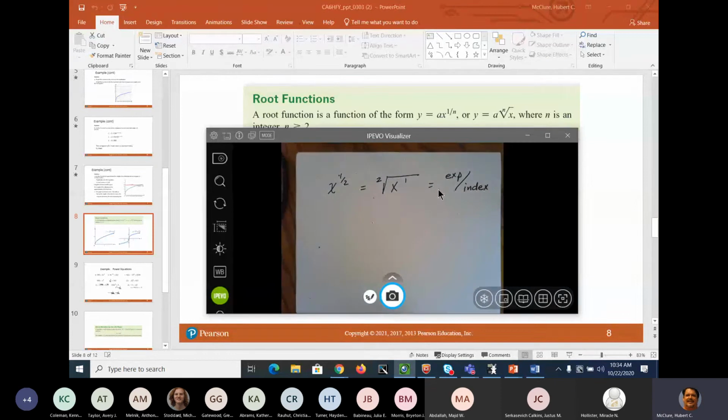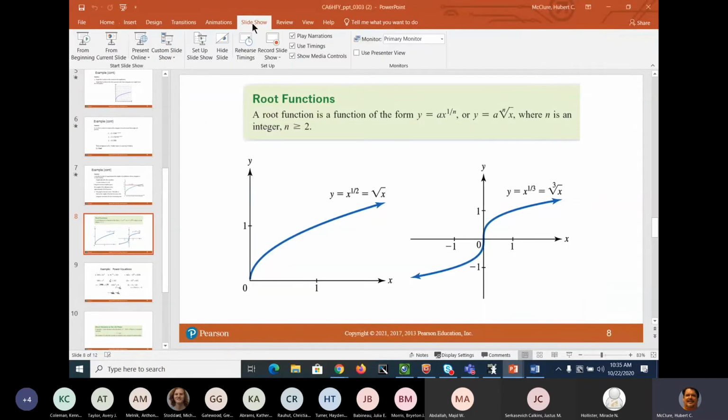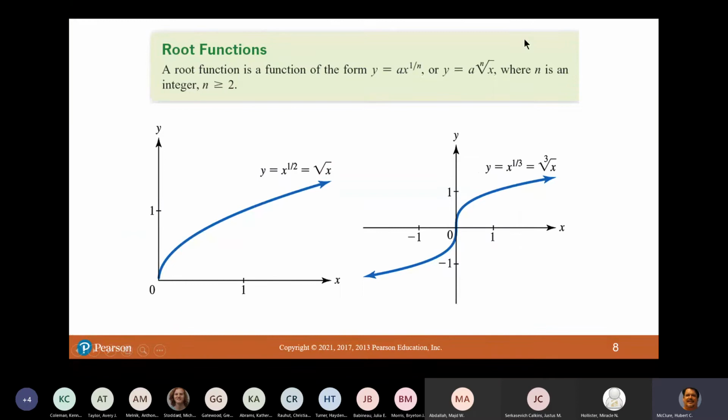You can rewrite anything: the square root of x to the 5th power is equal to x to the 5/2. You can rewrite any radical as an exponential function. And I think that's what they're telling you right here. There it is. This one also. And again, that should be kind of old stuff that you remember.